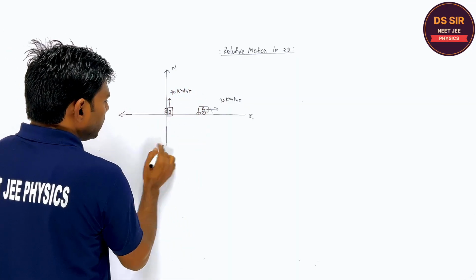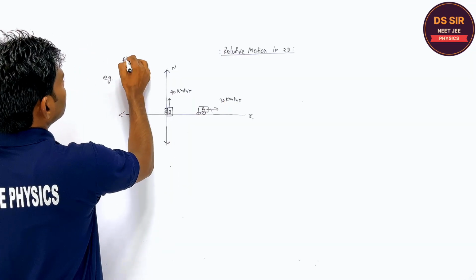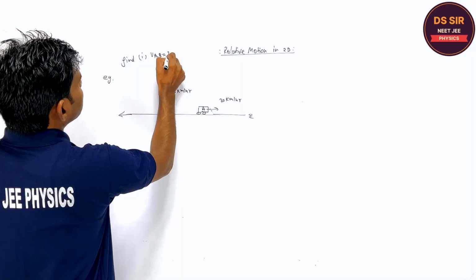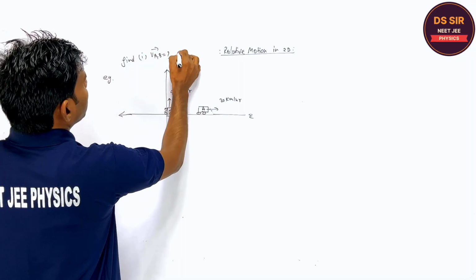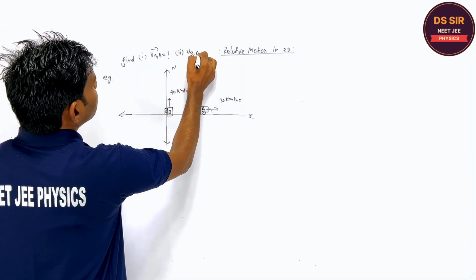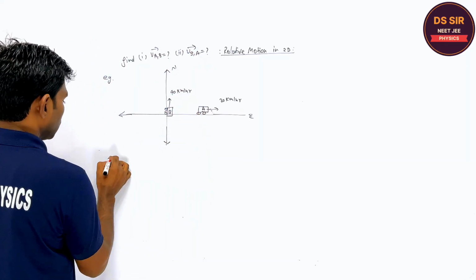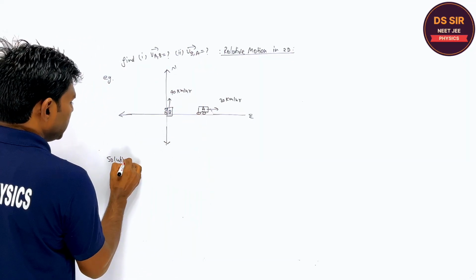So here you have to find first the velocity of A with respect to B, and the second part is velocity of B with respect to A. You may also be asked that. So how to solve this question?